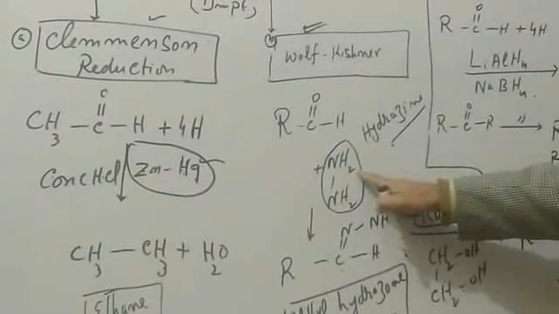Remember, the mechanism of this reaction is highly complicated. It will take a very long time, and there is no need of explaining the mechanism of this reaction. It is not there in your text. So just keep in mind here that 4 hydrogens are utilized in this reaction.